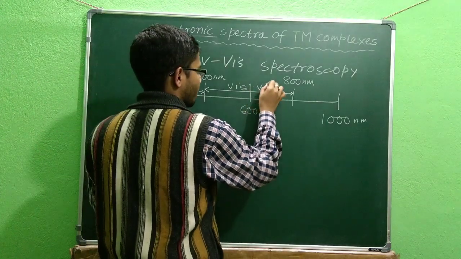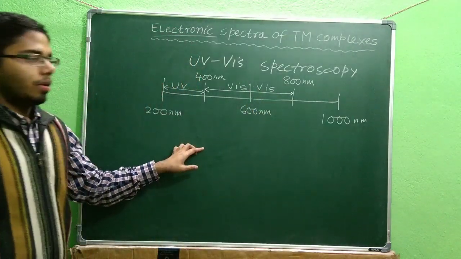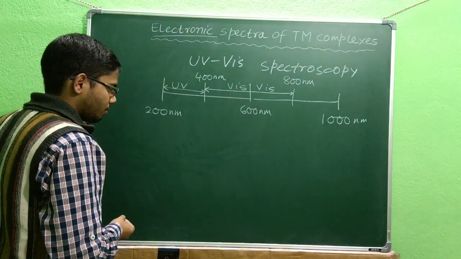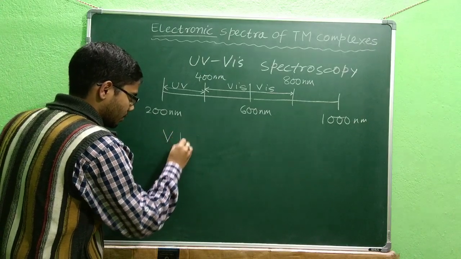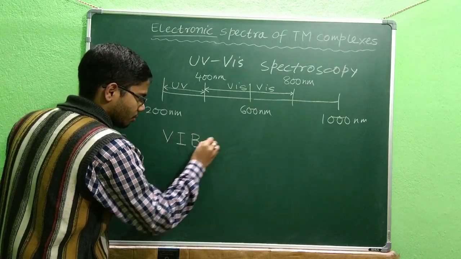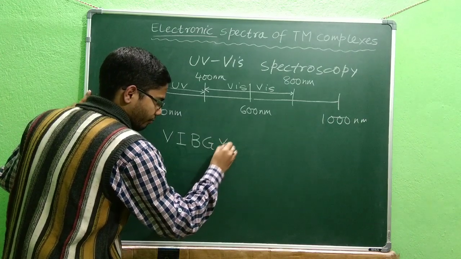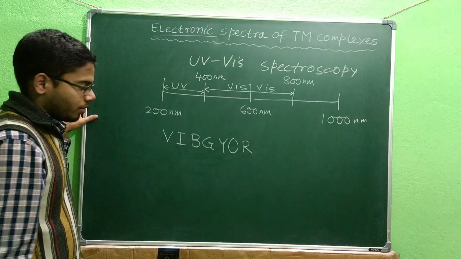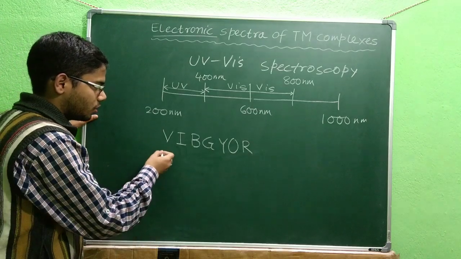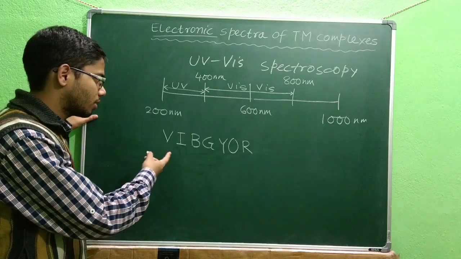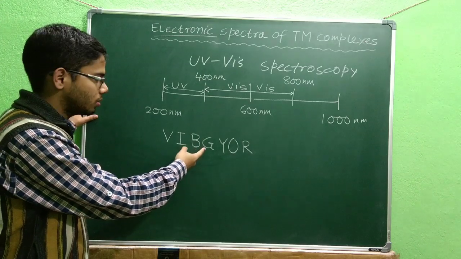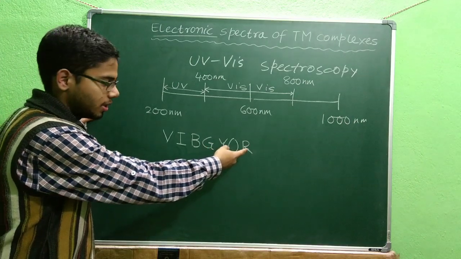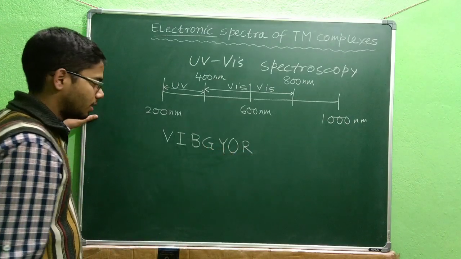Why did I say roughly? As you know, this is VIBGYOR, the visible range. V stands for violet, I for indigo, B for blue, G for green, Y for yellow, O for orange, R for red.